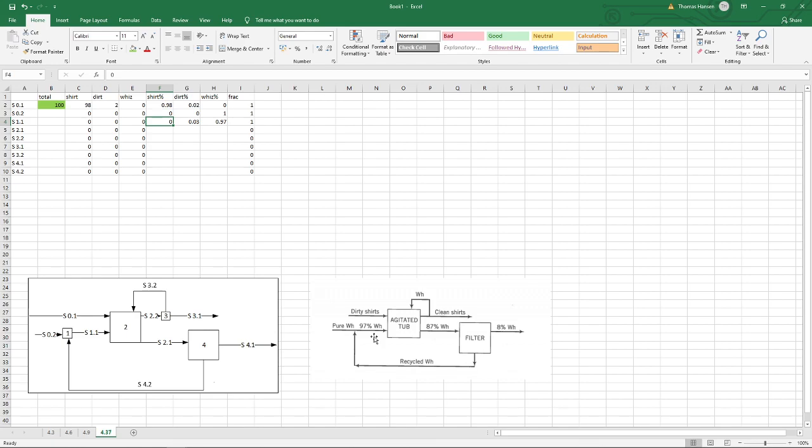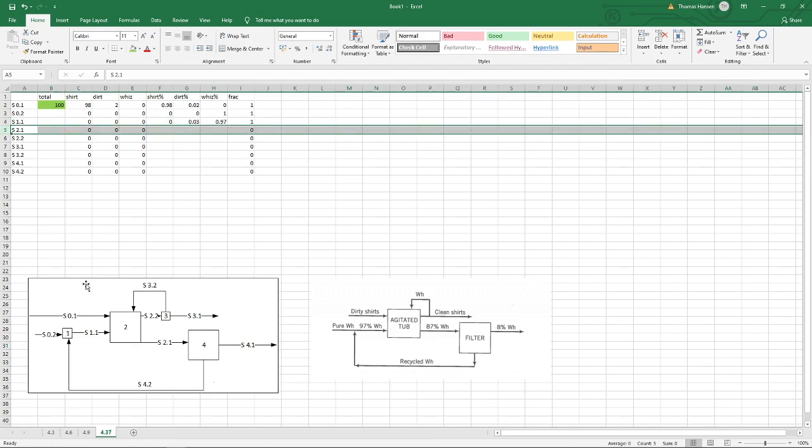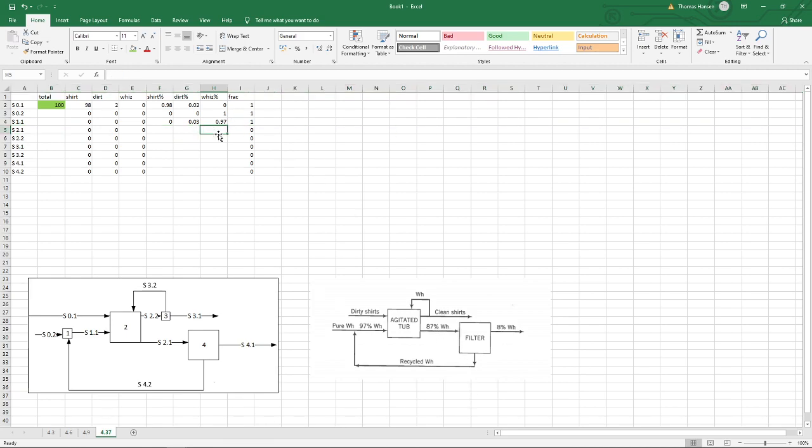What else do we know? In our 2-1, so that's this one, that corresponds to our 87% of Wizzo. Again, my dirt is 1 minus that amount. If you look at the assignment, you can see that there are some streams where we know there won't be any shirts. So in basically all of the bottom part here, we don't have any shirts in those streams.